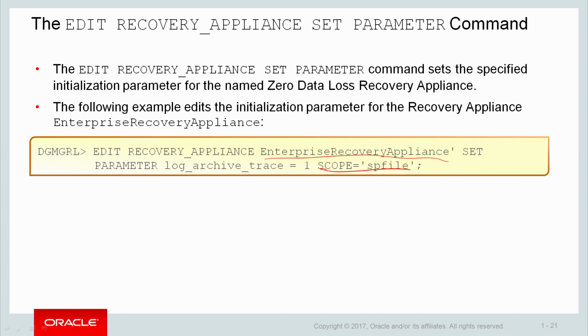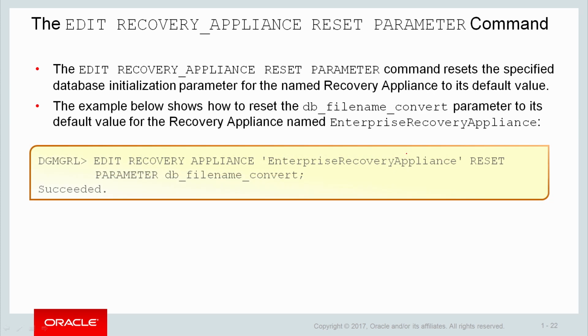That says only change it in the SP file, so this won't take effect until the recovery appliance has been restarted. In a similar way, we've got the reset here. The edit recovery appliance reset parameter command resets the specified database initialization parameter for the named recovery appliance back to its default value. So here is the name, reset parameter, and DB file name convert is being set back to its default value.